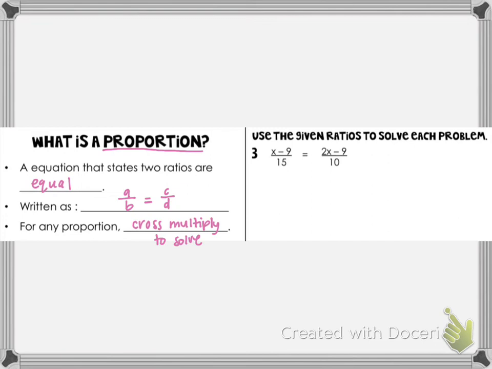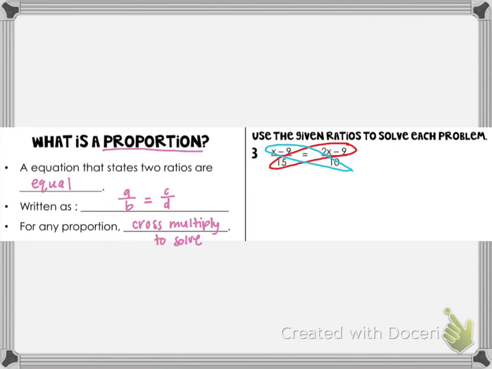All right, so let's take a look at the right side. We are given 2 ratios set up as a proportion, and we need to solve for x. So cross multiply, hopefully this looks familiar. We just take the 2 ratios and multiply straight across. Let me use a different color, just like so.